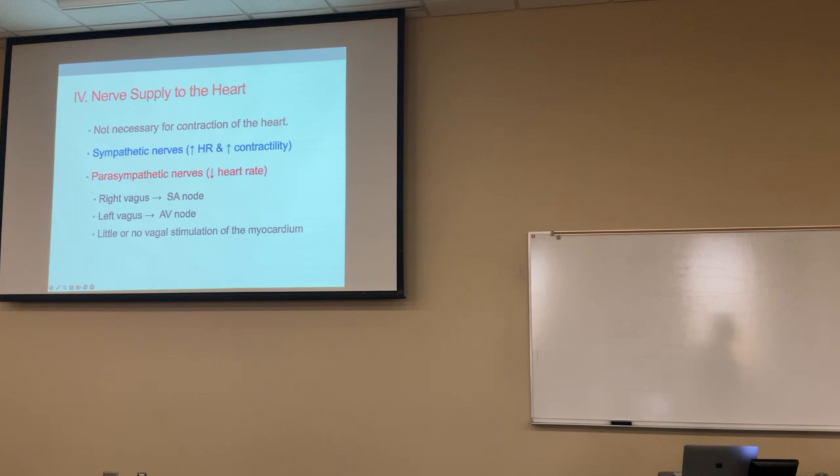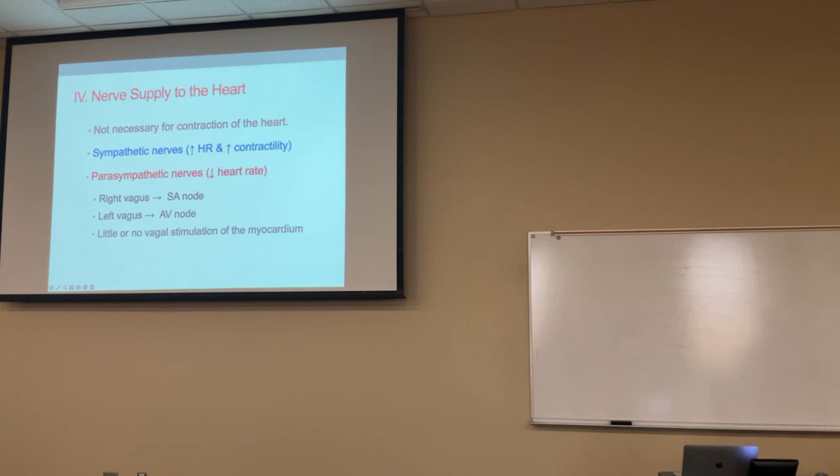The sympathetic division, on the other hand, increases both the heart rate as well as contractility, which is the strength of the contraction. If the heart contracts stronger, it's going to eject a greater proportion of the blood that fills the ventricles during diastole, which is the phase of ventricular filling.